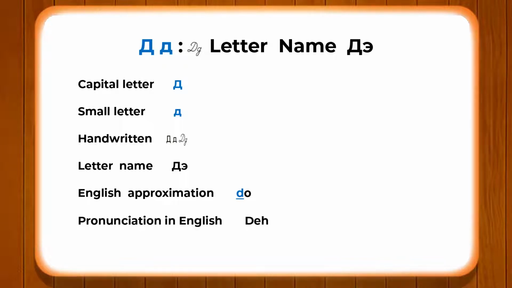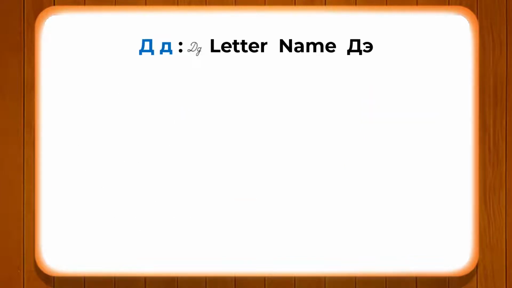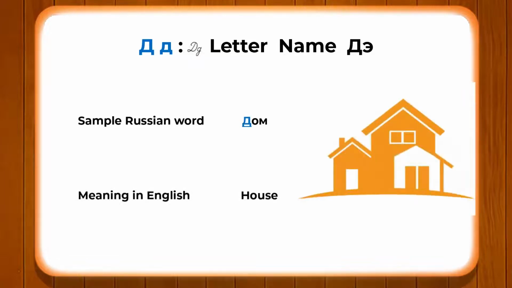Now, we will be discussing their sound. All right. So, letter D, as we have used an English approximation D as in do, the English word do. And now, we will discuss the sound of letter D as in the Russian word dom, which means house.